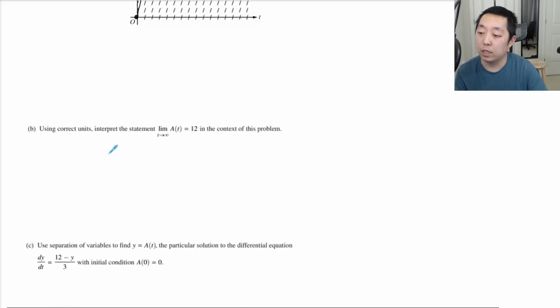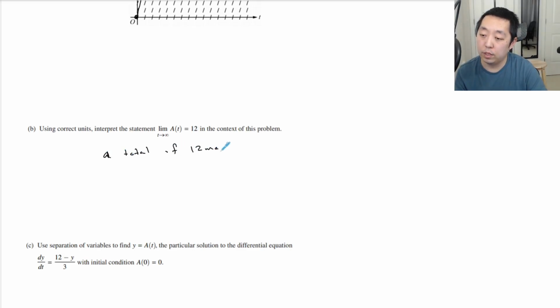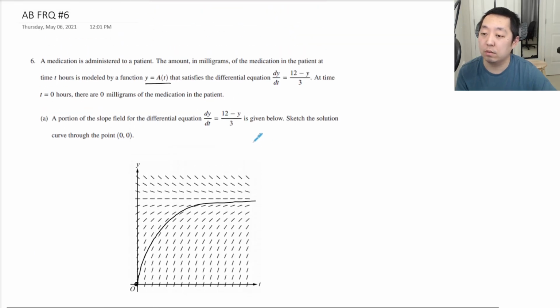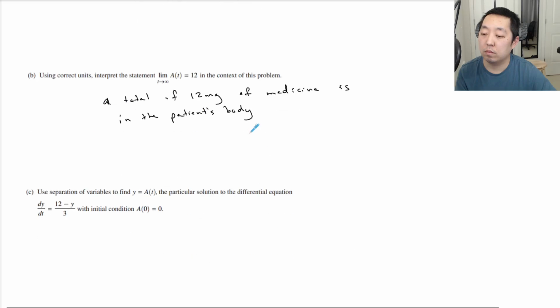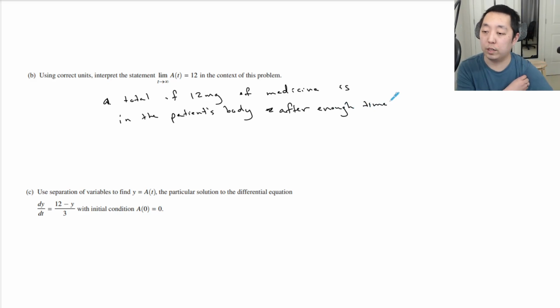A total of 12 milligrams of medicine is in the patient's body, basically when it's done injecting medicine. So it's like administering it over time, and eventually it approaches 12 milligrams total.